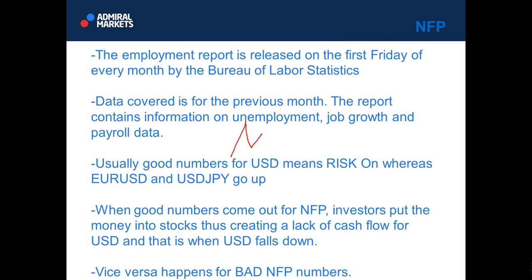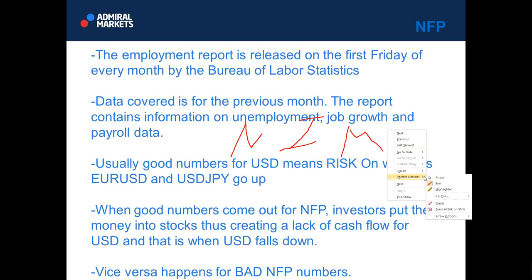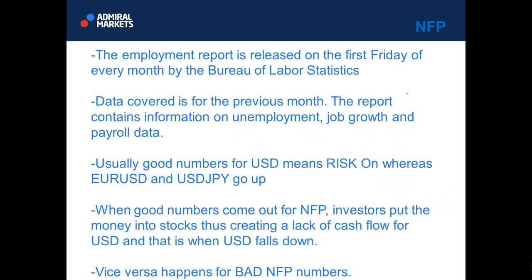After the NFP, there is a spike, and that first initial spike is what we are going to trade when we trade NFP. So we are not interested in any of those numbers. Will it be good? We can mention it, of course, but for spike trading, that is a bit irrelevant.